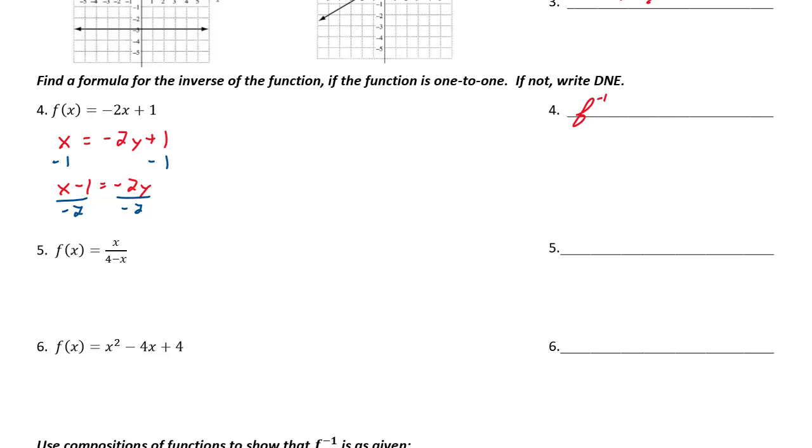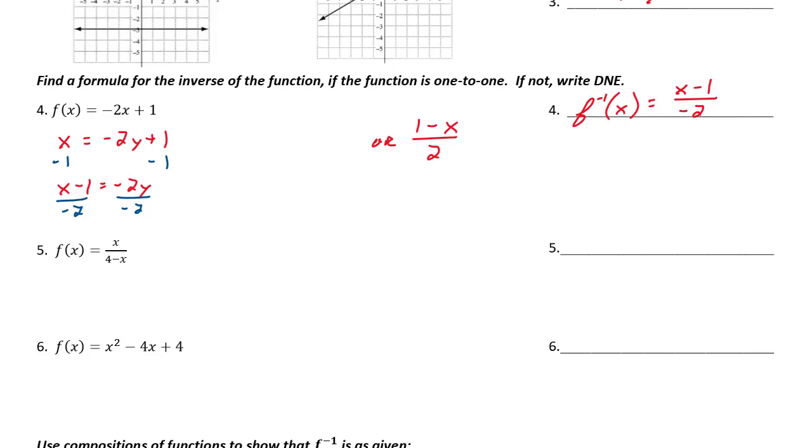Since this is one-to-one, I'm going to go ahead and use the inverse function notation and just call this f inverse of x equals (x minus 1) over -2. If you wanted to distribute the negative from the bottom through on top, you could also have this written as (1 minus x) over 2. But it's kind of up to you. I feel like just leaving the negative on the bottom is good enough.